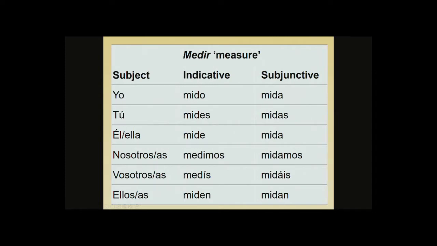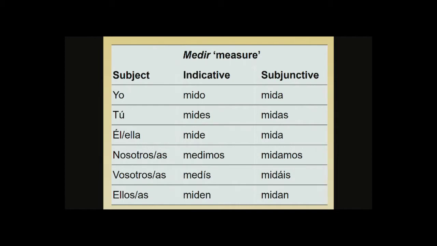But in the subjunctive, midamos and midáis. In other words, you get the change to I throughout the entire present subjunctive. Mida, midas, mida, midamos, midáis, midan. So midamos and midáis, they are quite surprising.